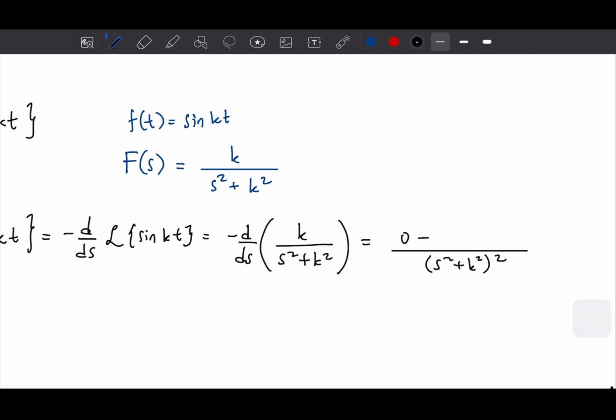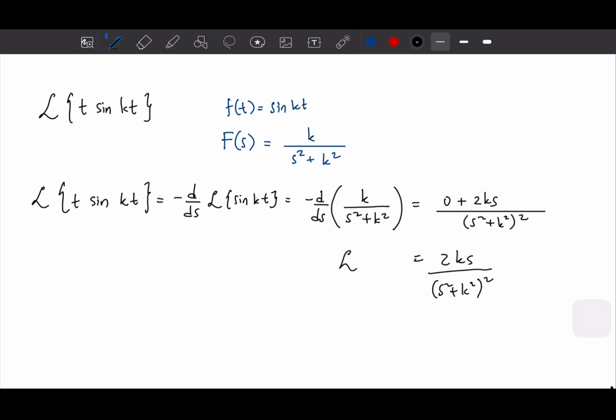So plus 2s and k, or 2ks, right? So we are having 2ks over this s squared plus k squared, squared. This is Laplace of t sine kt.